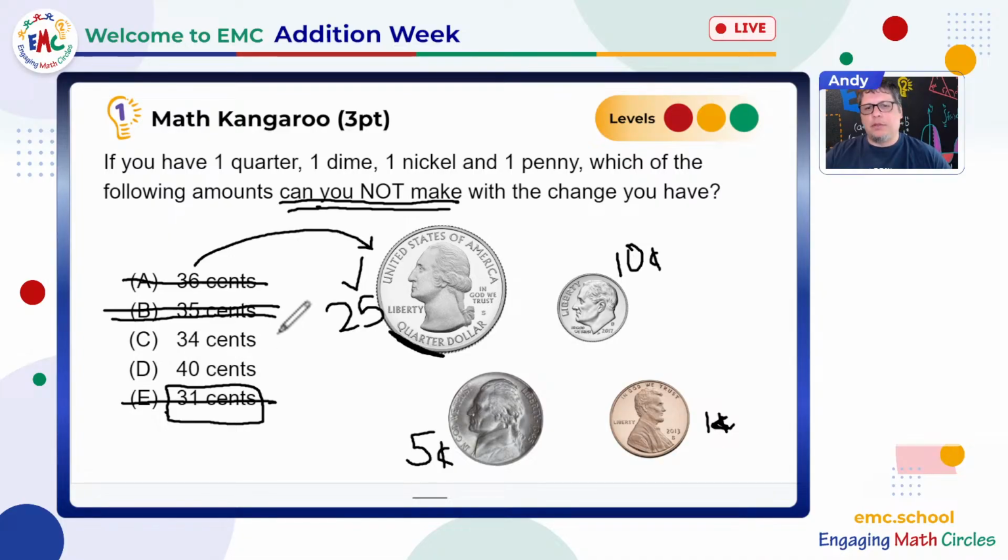I need some help. Okay, you're right. I can't make 40, or I can make 40. So we'll get rid of that, and we keep 34 as the one we cannot make, because we just don't have enough pennies to make it.